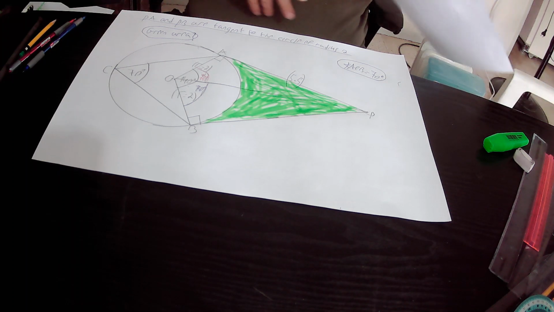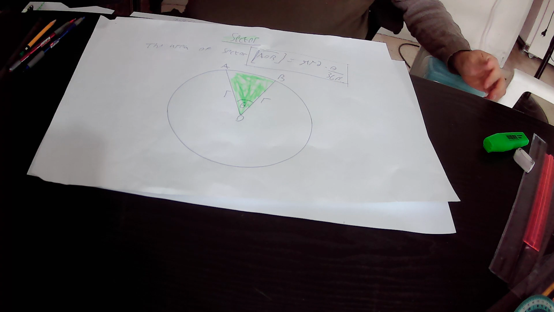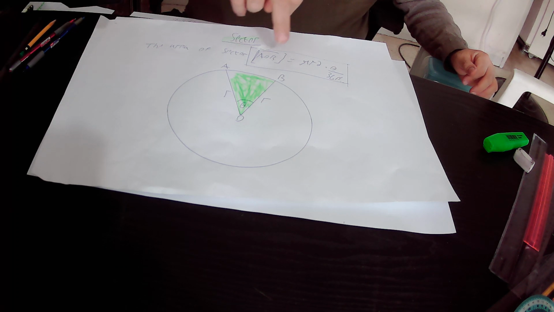Okay, again, on the definition of sector, sector is part of a circle. The grand shape AOB is a sector. It consists of the two radii of this circle and the small arc between those two radii, this is AB.